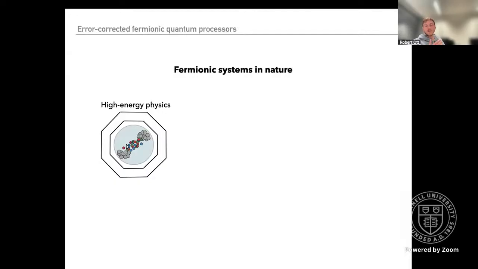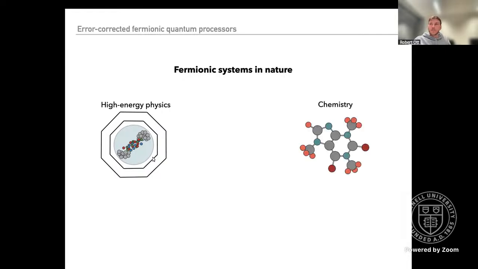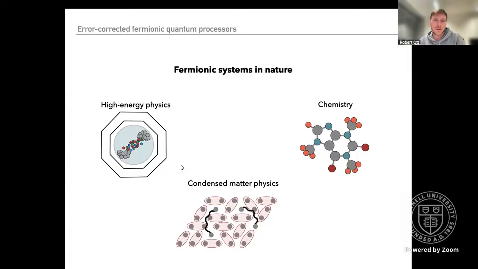So whenever you talk about either nuclear physics or lattice gauge theories, it's very natural to have fermionic descriptions of nature. Similarly, there are systems like chemistry at lower energies and condensed matter physics where you have electrons interacting, and these strongly correlated systems are very difficult to describe in many physically relevant regimes.